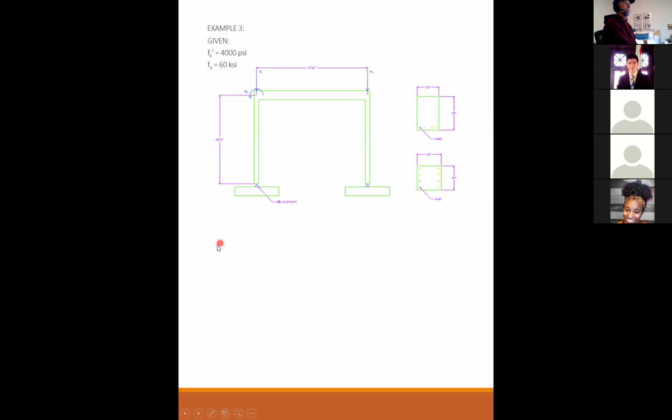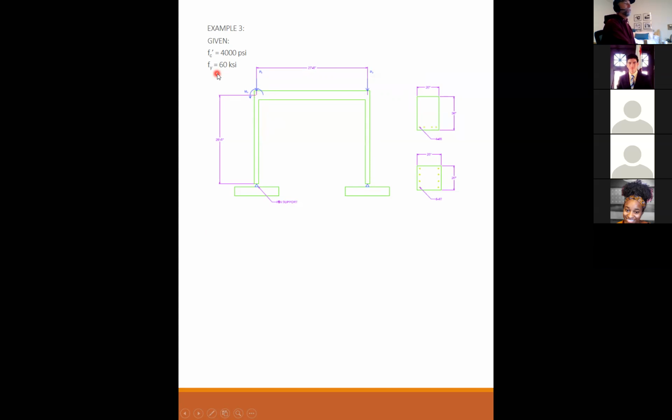Okay, so example. Here we have our frame again, only this time I've given you a pin support at the bottom. It is fixed at the top by this beam, and I have an axial load and an applied moment. Concrete is 4,000 psi.